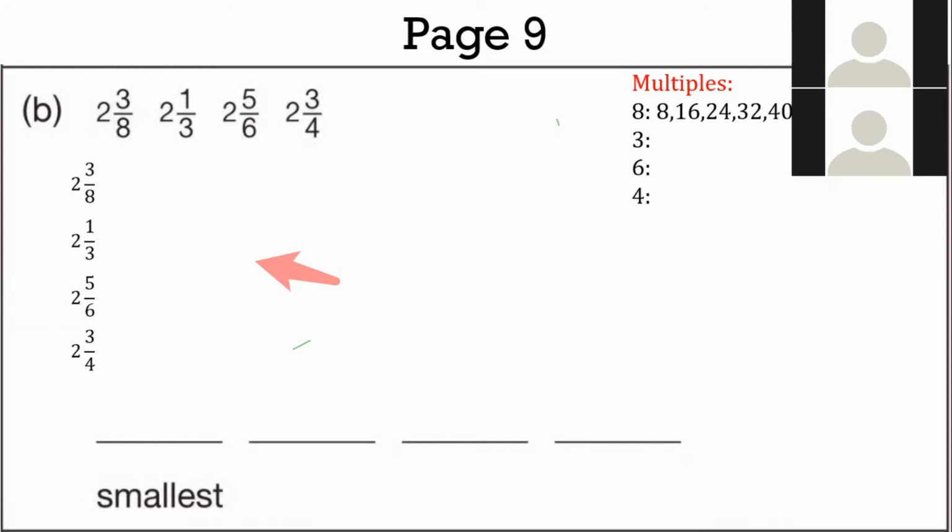What's next? 15. Very good. What's next? 18. And what else? 21. Okay, one more. What's next to 21? 24. So these are the multiples of 3.